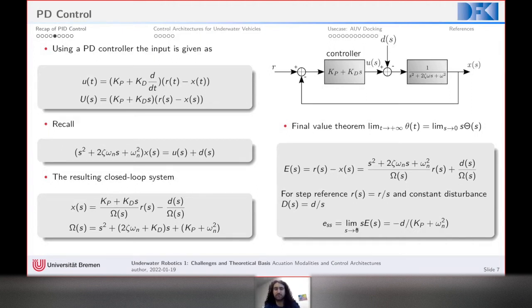There is something called the final value theorem, which basically means as t tends to infinity, or as s tends to 0, this error in the end converges to only this term here, which is just d over Kp plus omega n squared. You can do the math if you like. I'm just giving you the final result. So what can you see here?